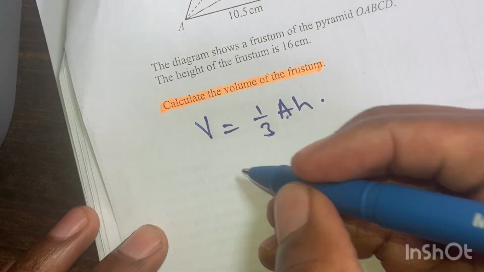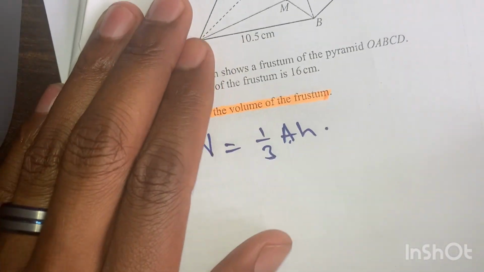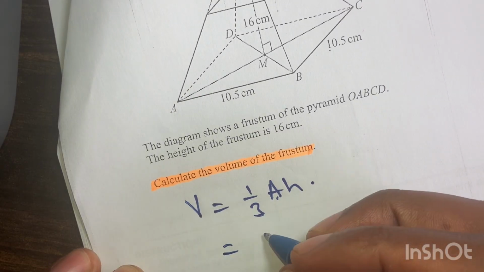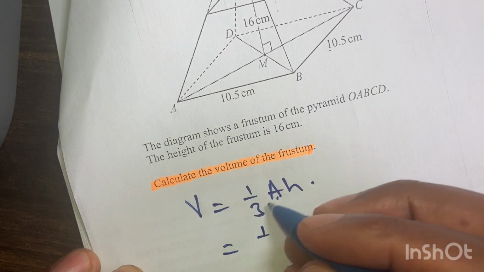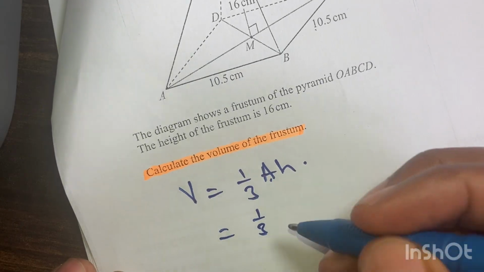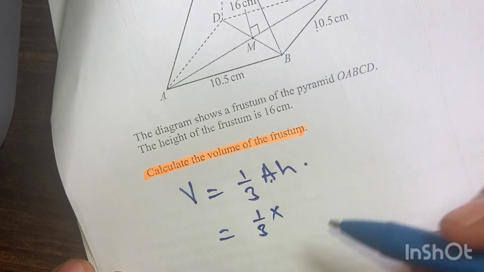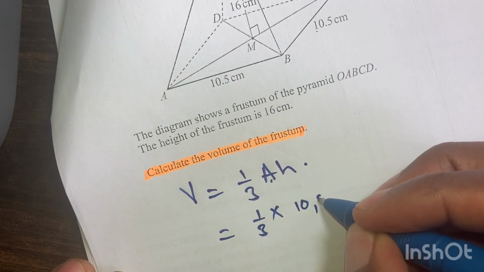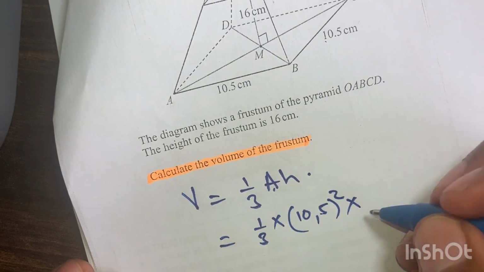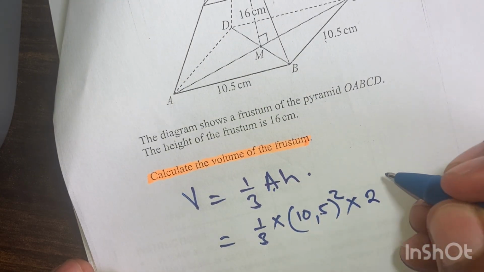We are going to calculate the volume of the main pyramid. We're going to say 1/3 times the area of the base, which is 10,5 squared, times the height, which is 24 from the initial pyramid.